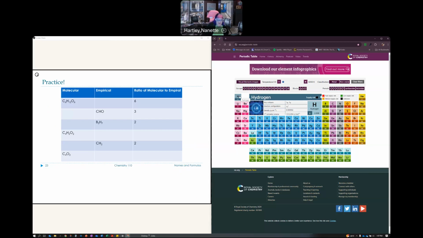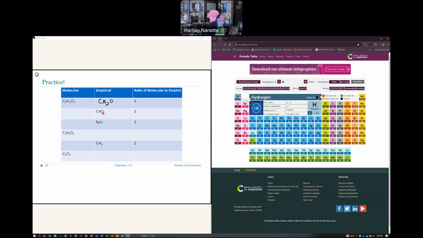All right. Now, this first one, C6H12O6, this is glucose, and this is one we actually just talked about. So I know if my ratio is 6, I'm dividing this by 6, that means I end up with CH2O. That's my empirical formula.